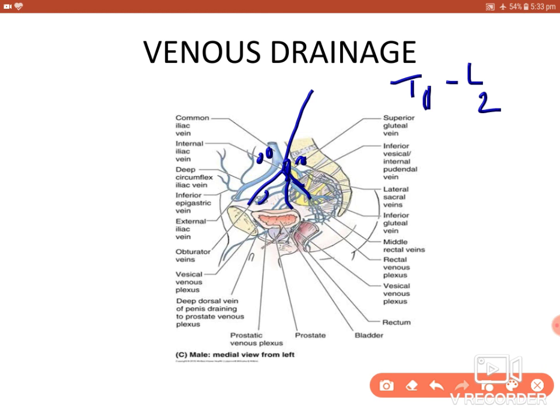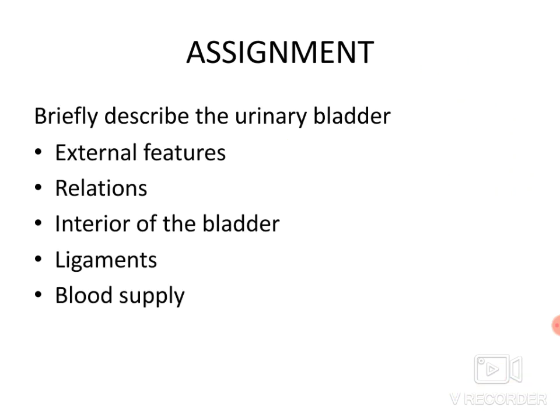The parasympathetic is by S2, S3 and S4. Parasympathetic innervation contributes to contraction of the detrusor muscle, stimulating micturition. That's about the nerve supply.